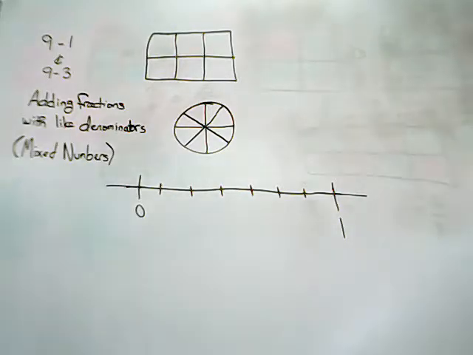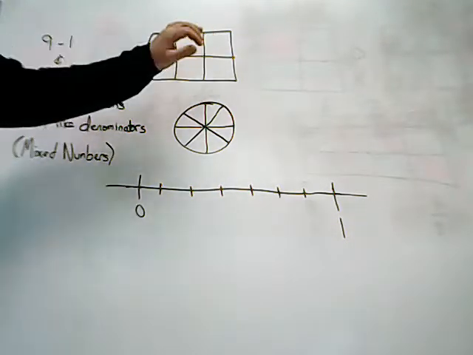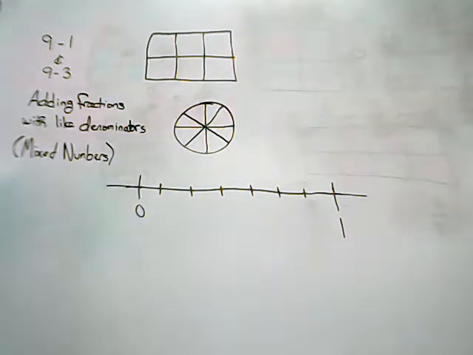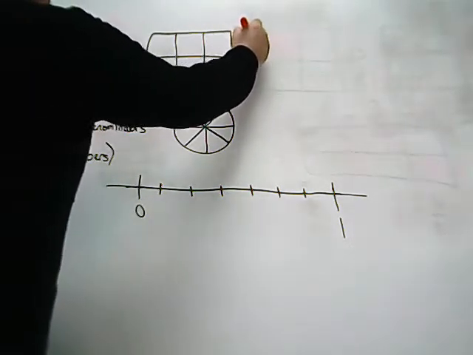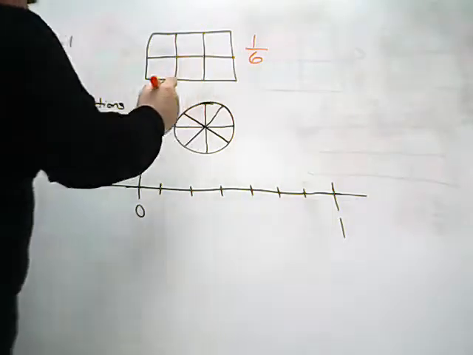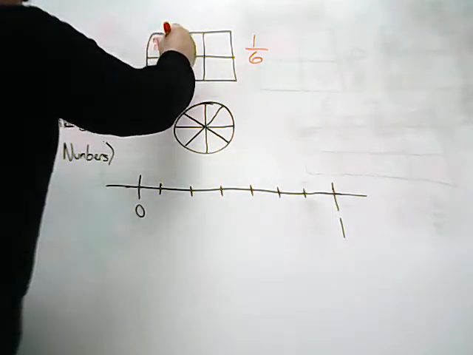Up top, I have a rectangle broken into 6 pieces. I'm going to do an addition problem using this model. I'm going to say 1/6 of my puzzle was completed on Sunday.